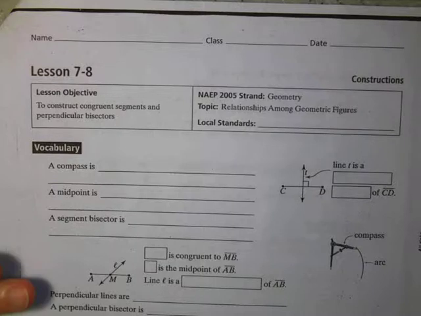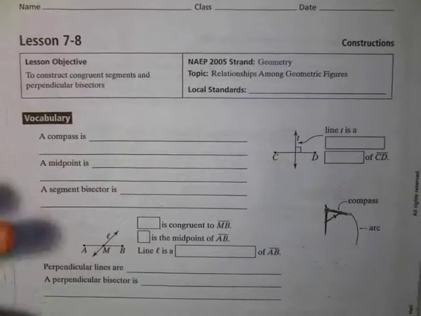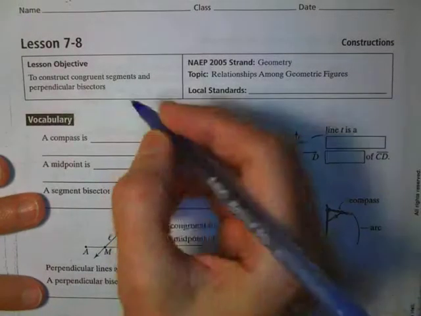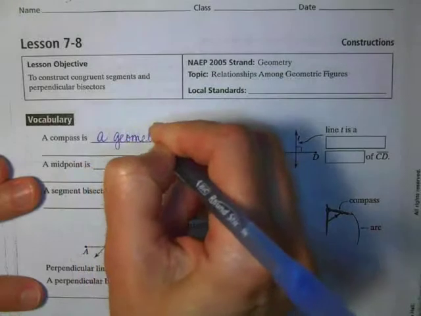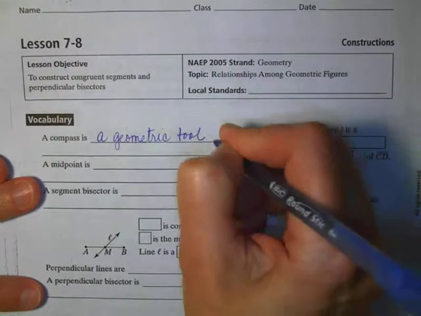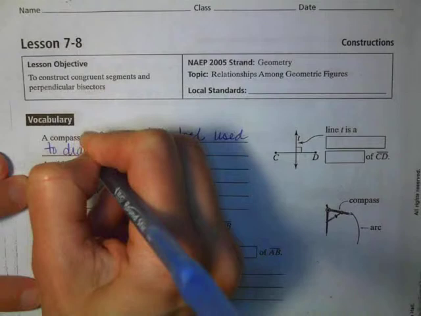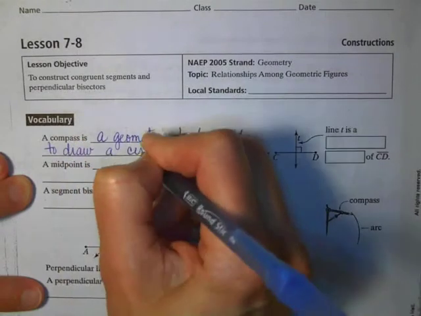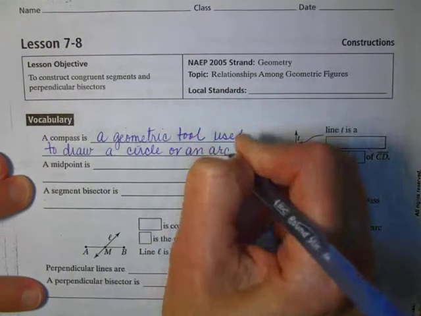Okay, so let's go through a few definitions and orient ourselves to what we're going to be doing here. A compass is a geometric tool used to draw a circle or an arc.